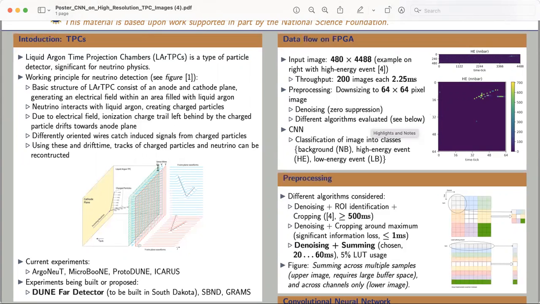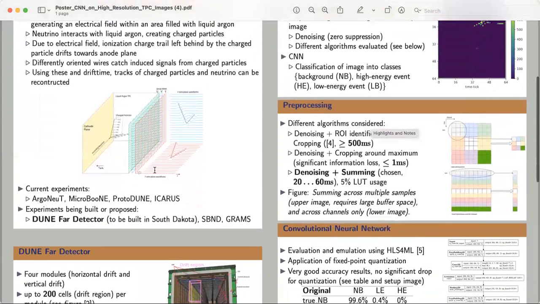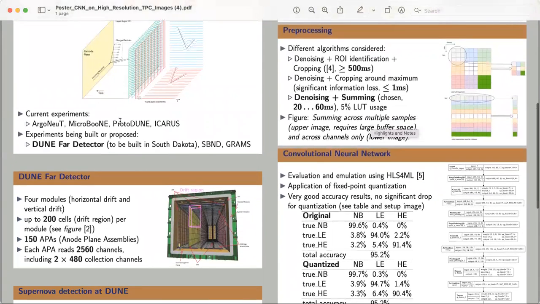These sensing wires are differently oriented and can be used to reconstruct the original tracks. There are several current experiments running, for example MicroBooNE or the DUNE prototype detector.